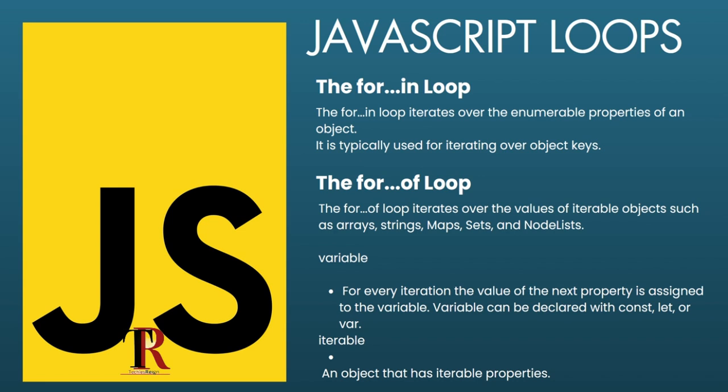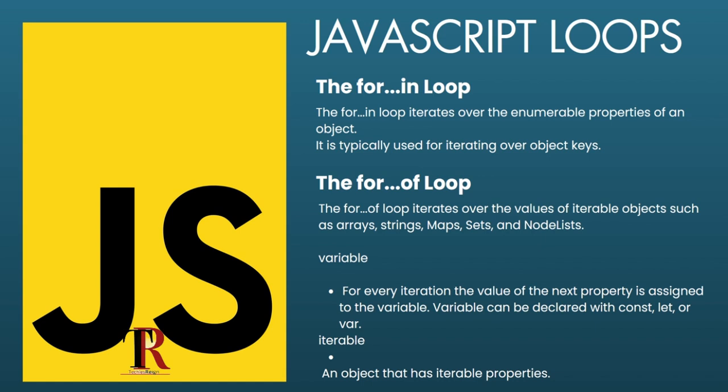For every iteration, the value of the next property is assigned to the variable. The variable can be declared with const, let, or var. So a for of loop requires a variable and an iterable. The recommended ones are const and let, because at this point I believe you know the inconsistency that comes with using var as a variable declaration in JavaScript.